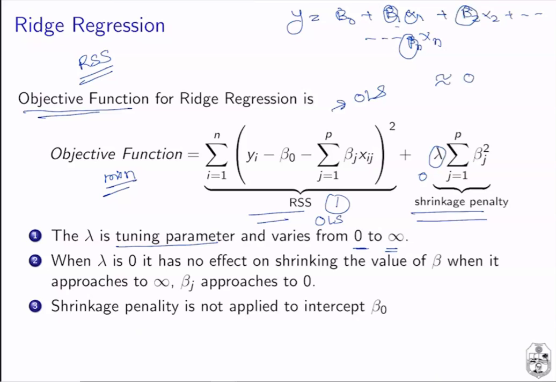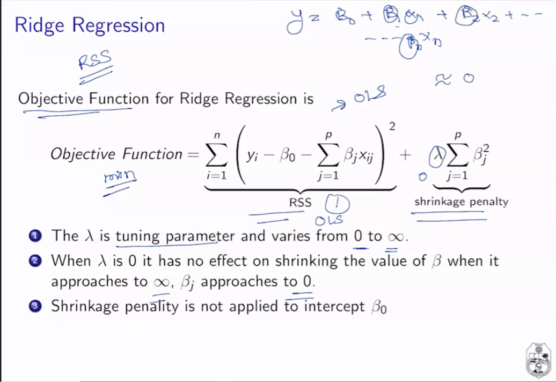And when the value of lambda approaches infinity, the coefficients of insignificant features or irrelevant features approach 0.